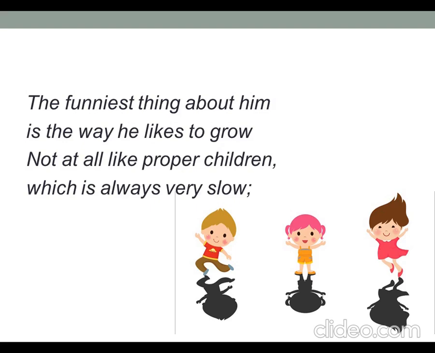So that's what the poet is thinking, that the shadow grows in a funny way, which is not like proper children, not like regular children. The rate of child growth is very slow. And we know a baby does not grow one day and shrink the next day, children grow gradually, but the shadow does not grow like it.